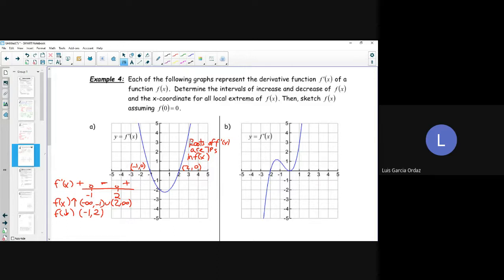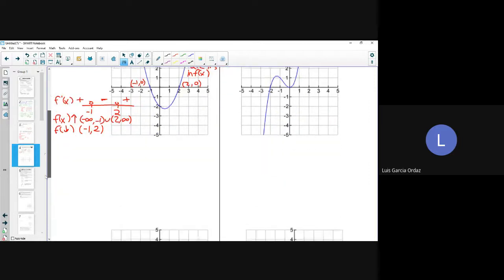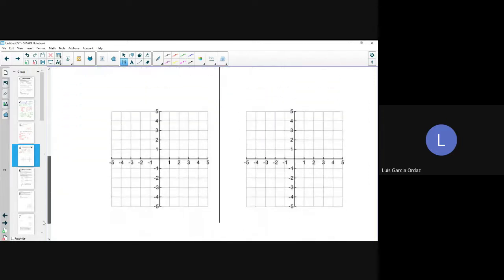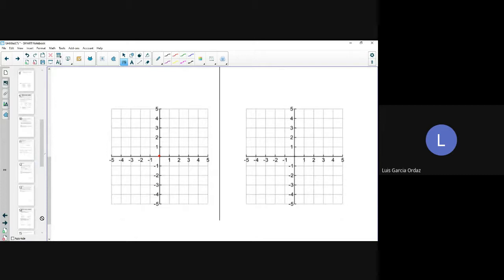So now what my graph is going to look like: it says assume f of 0 is equal to 0. So I know that I'm going to have a maximum at negative 1 and a specific y value. So I'm just going to make one up. Because again, my graph is increasing from negative infinity to negative 1.